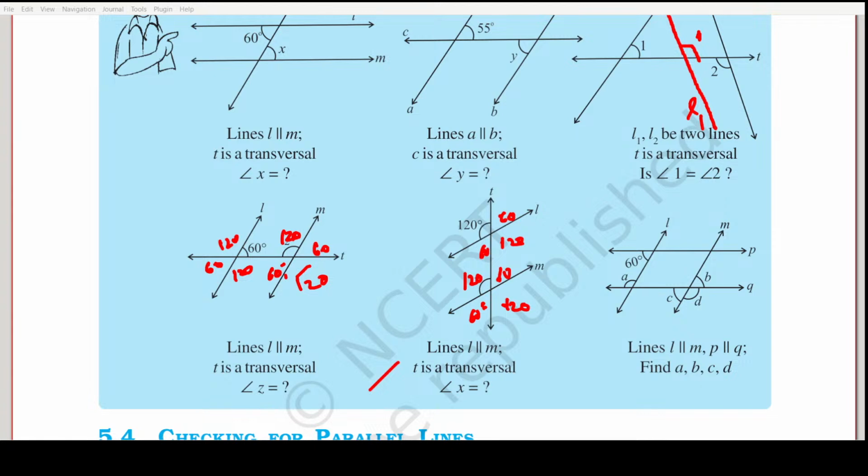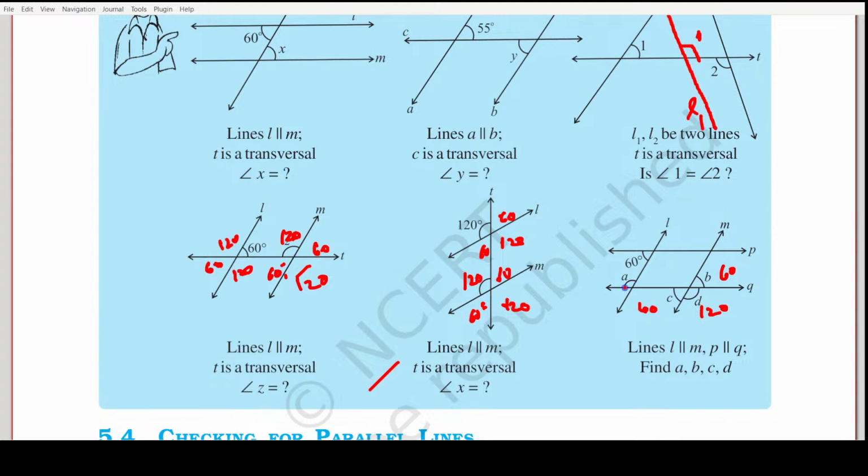A is 60. Careful. A is obtuse angle. Oh, then it's 120. A should be 120. Right? B is 60, and then C is 60, and then D is 120. Very good. Excellent. This is 60. This is 120. This is 60.